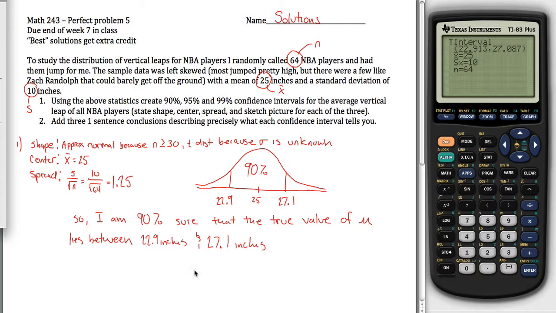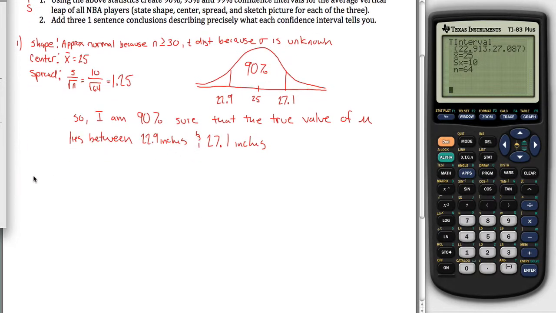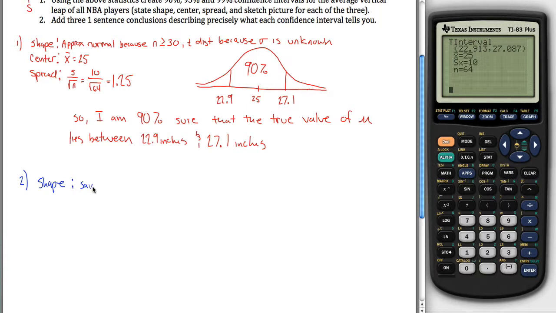So that is everything. Now we just have to do that 2 more times. A little bit annoying, but okay. Shape, same as above. Center, turns out that is also same as above. Spread will be a little bit different. Spread is, oh no, it won't be different.